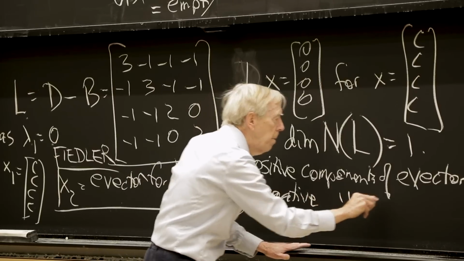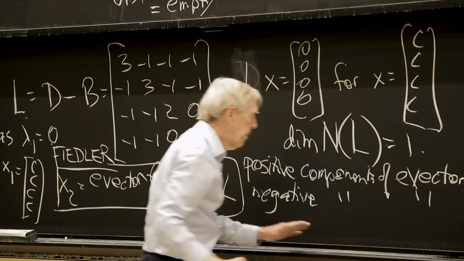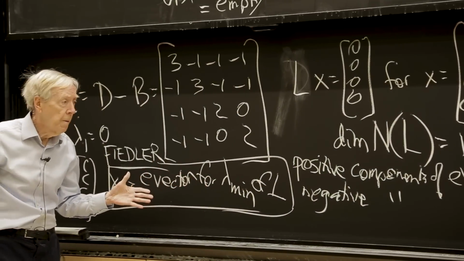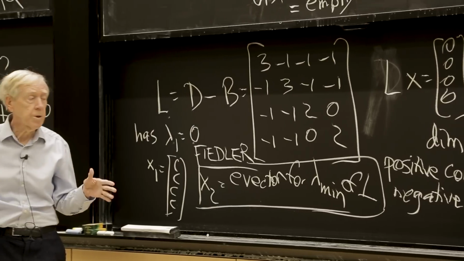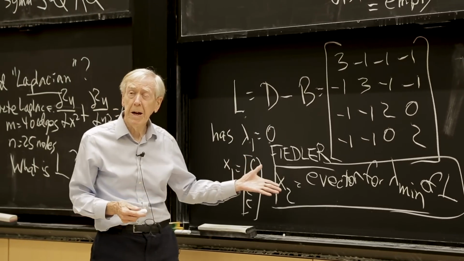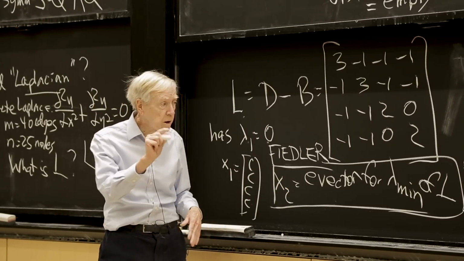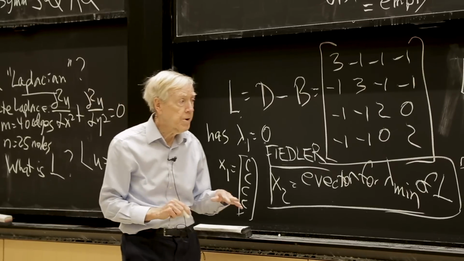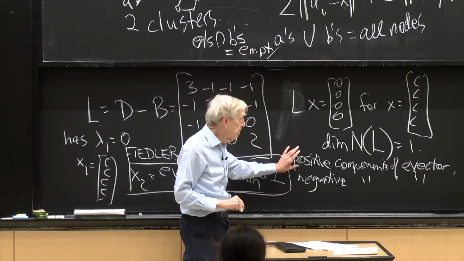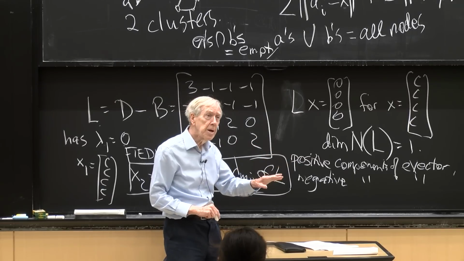So the two clusters are decided by the plus or minus signs of the components. The plus signs go in one and the minus signs go in another.